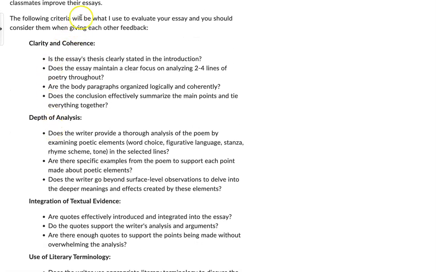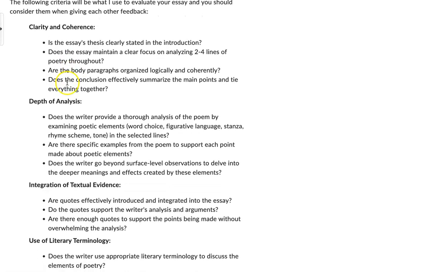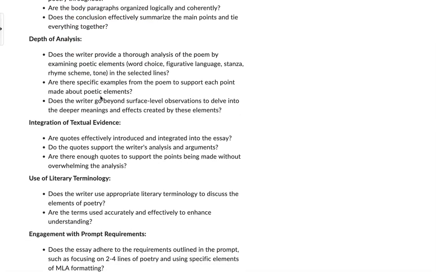And I've given you the criteria that I'm going to be using when I evaluate your essay. So I'm looking for the fact that you are writing clearly and coherently, that you're focusing on 2 to 4 lines of poetry, that the body paragraphs are organized logically, that you've got a thesis in your introduction, that your analysis is sufficiently deep, you're unpacking all of the ideas that you are proposing.